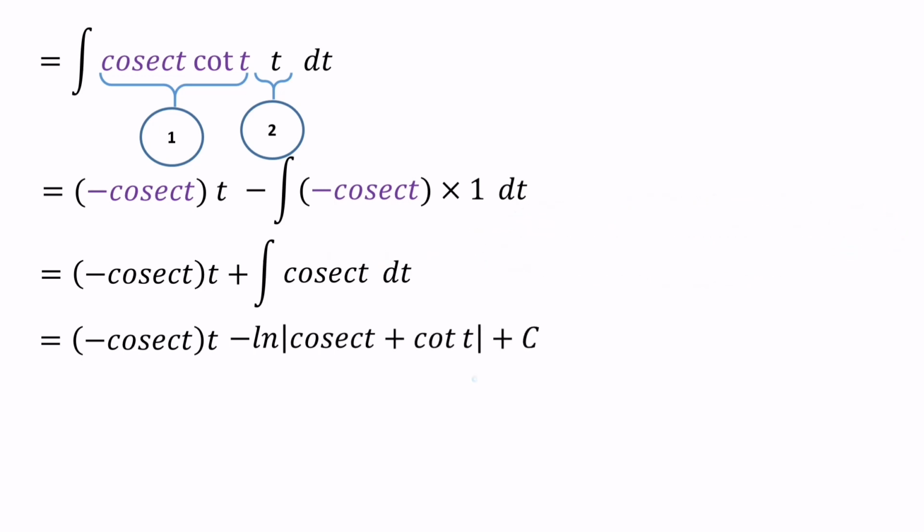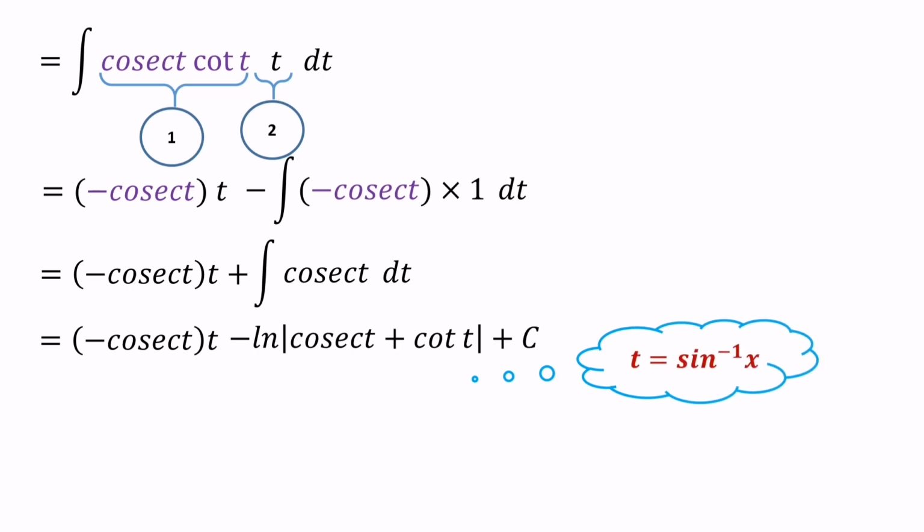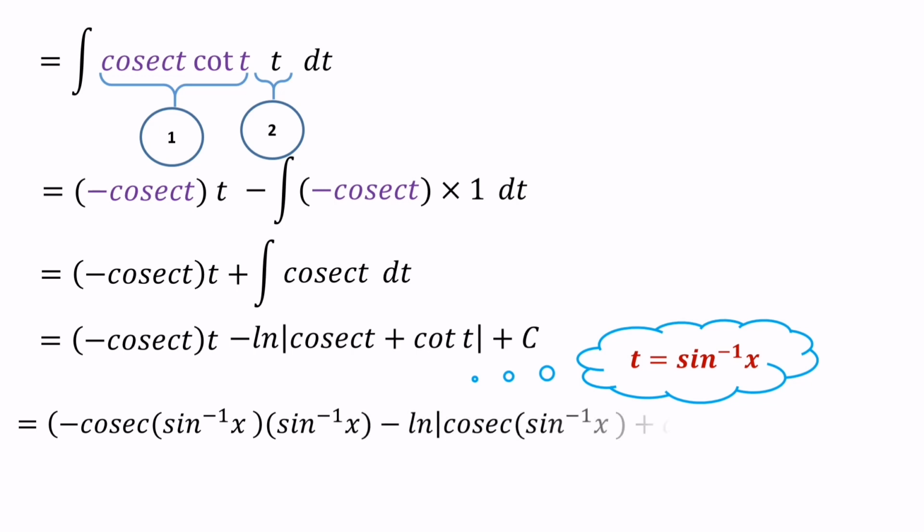Instead of the t value, we can substitute t equals sin inverse x. So we get the final answer as minus cosec of sin inverse x into sin inverse x minus ln of cosec of sin inverse x plus cot of sin inverse x, plus c. Here c is an arbitrary constant.